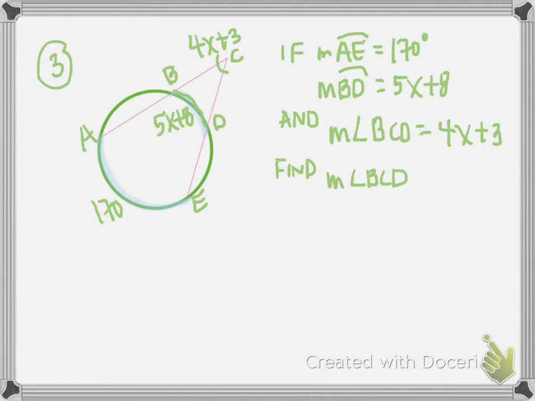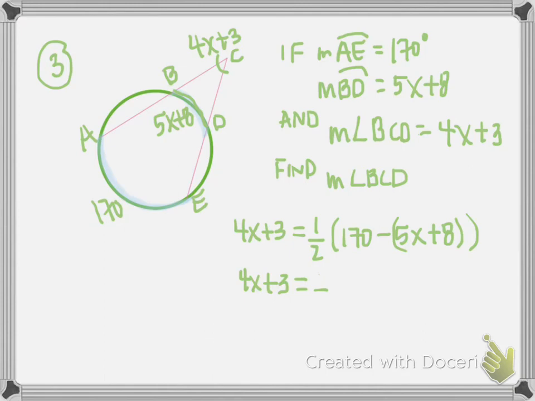So the angle, 4x plus 3, is going to be equal to 1/2 the big one, which is 170, minus that 5x plus 8. So we're going to have 4x plus 3 is equal to 1/2 times 170 minus 5x minus 8.